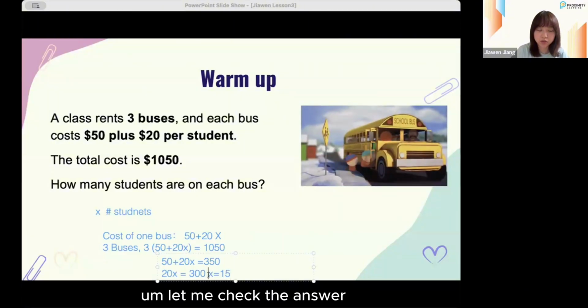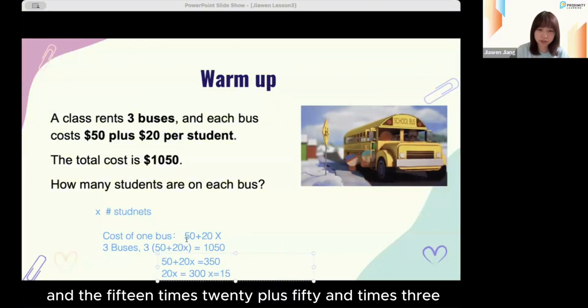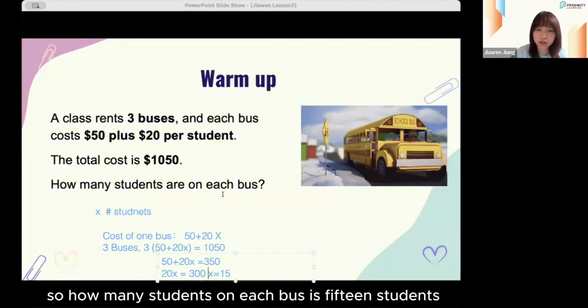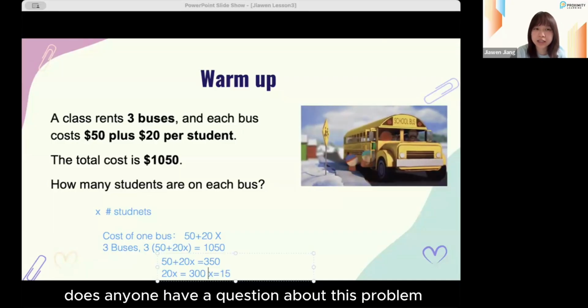Let me check the answer: 15 times 20 plus 50, and times 3. So x equals 15. How many students are on each bus? 15 students. Does anyone have a question about this problem?